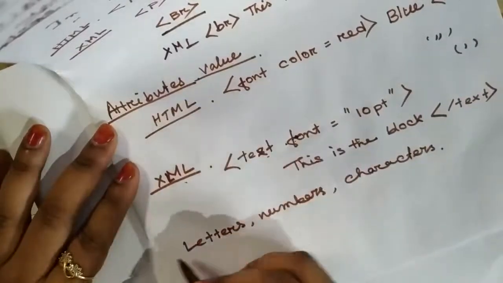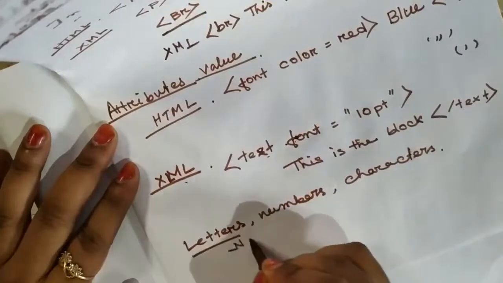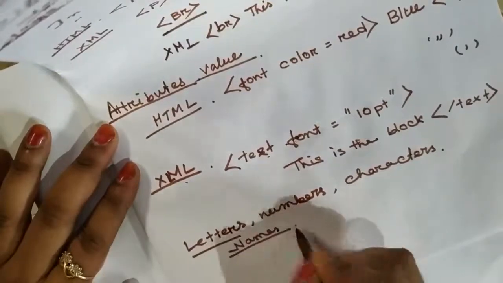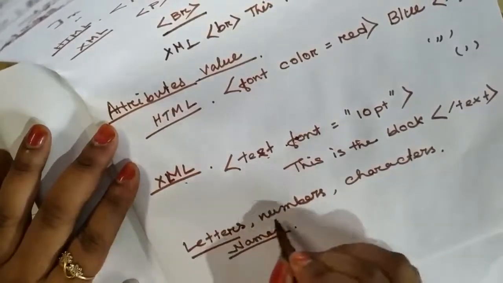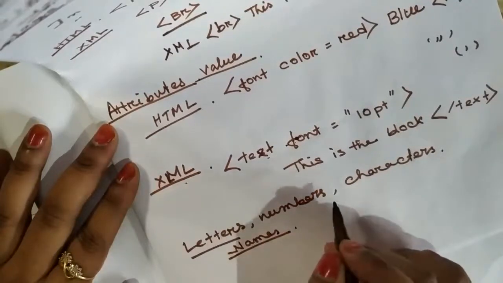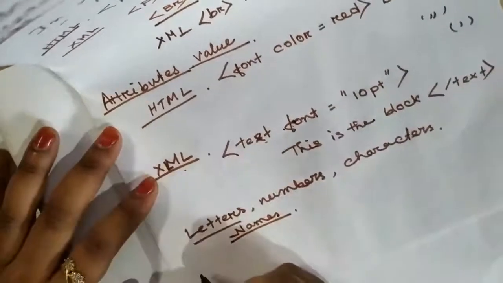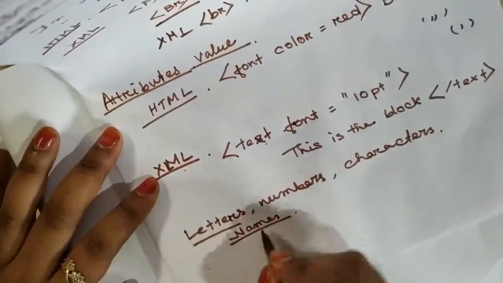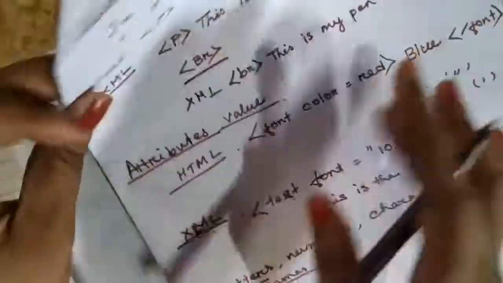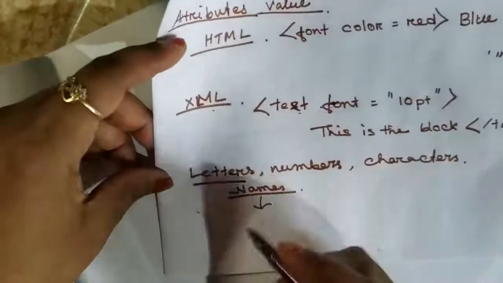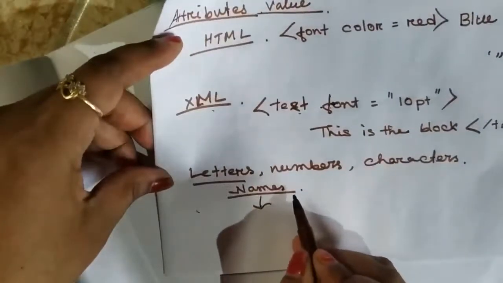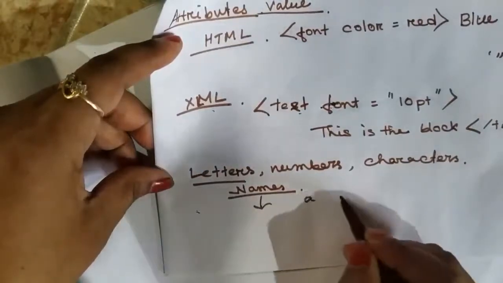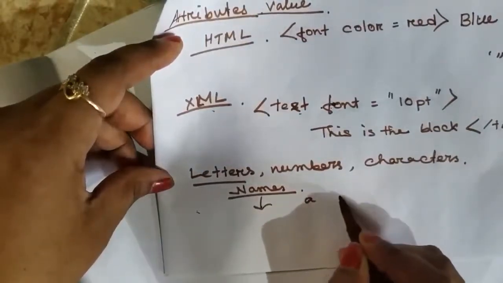You can give any name in XML. Names can contain letters, numbers, and other characters. And names cannot start with a number or punctuation character.